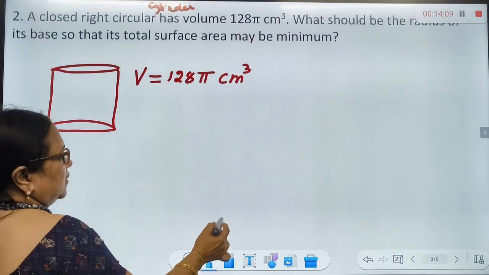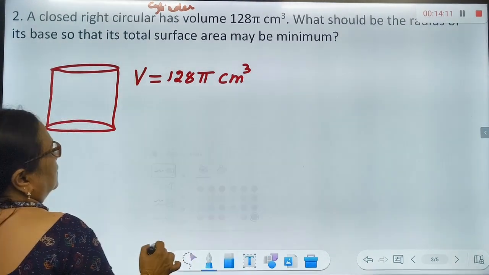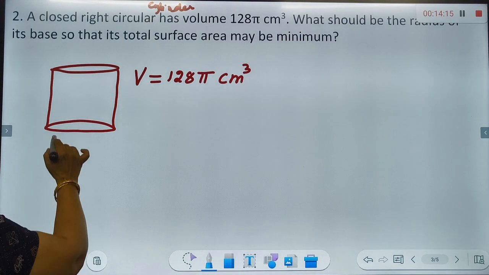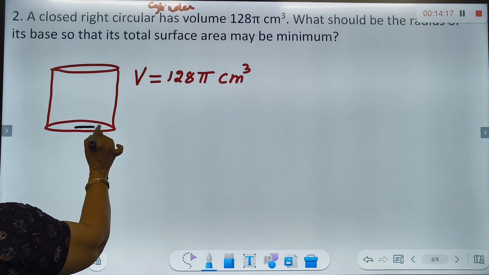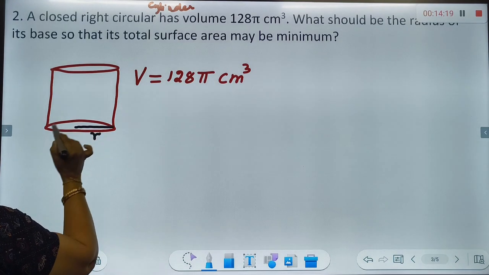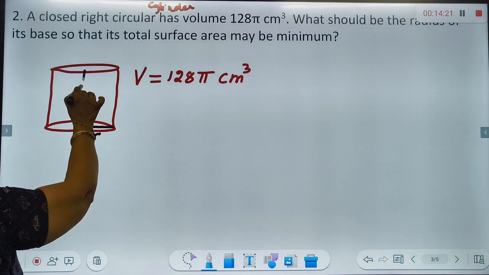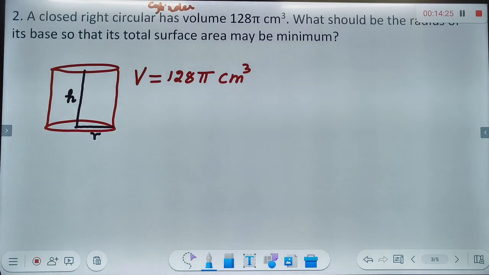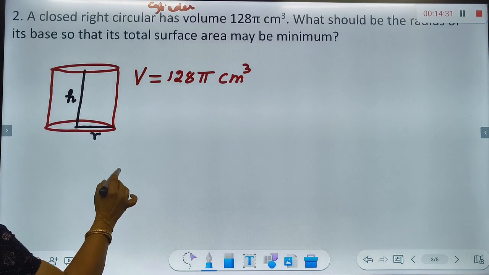Okay. Now, what should be the radius of its base? So, let us take the radius of the base to be small r and let the height be h. Okay. Now, what should be the radius of the base so that the total surface area may be minimum?